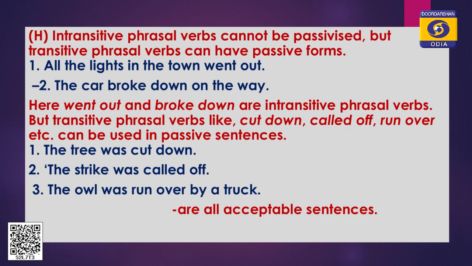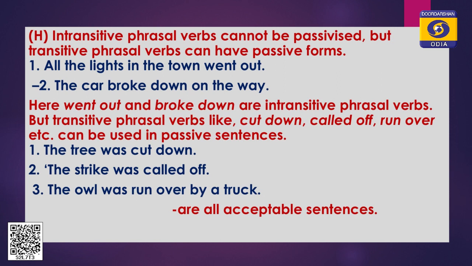Intransitive phrasal verbs cannot be passivized. All the lights in the line went out. Go out is a phrasal verb, we cannot use it in passive form. The car broke down on the way, so we cannot say it was broken down, so the car broke down, right. The tree was cut down. You just see here went out and broke down are intransitive phrasal verbs.